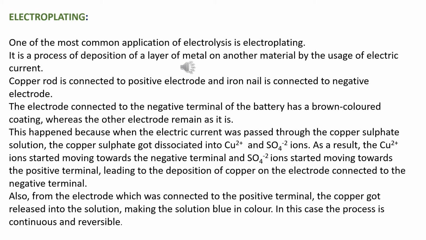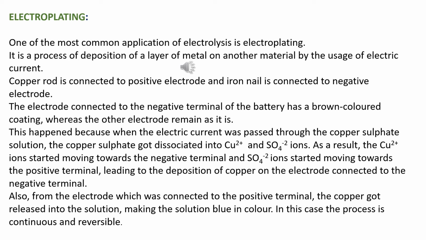As soon as the electric current flows into the solution, it dissociates the compound and forms copper plus ion and sulfate minus ion. The copper ion moves towards the negative terminal, that is the iron nail, and the sulfate ion moves towards the copper rod. As a result, copper gets deposited on the iron nail.